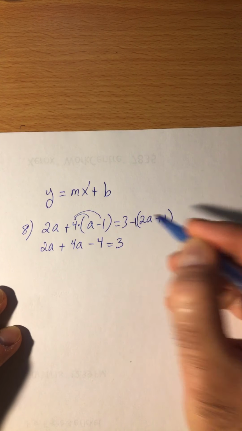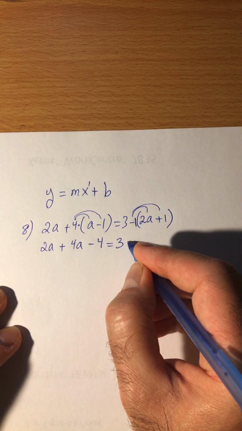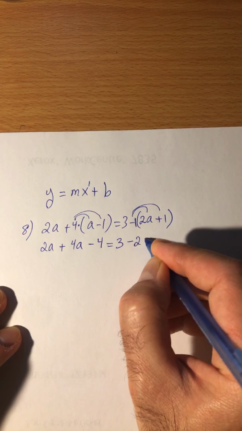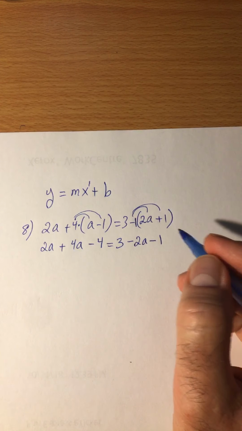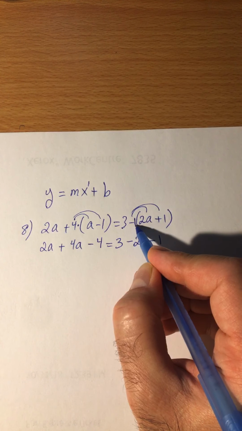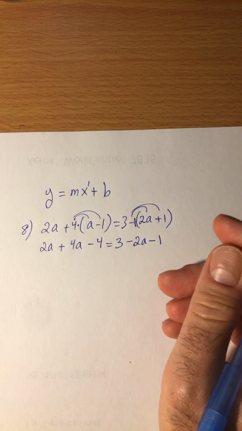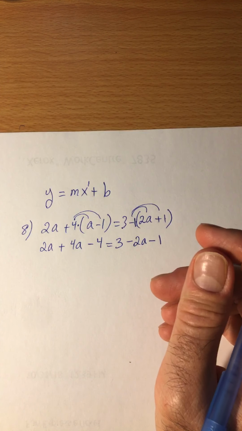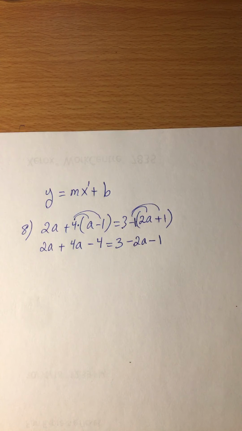Now there is a negative 1 here, which we can distribute. So we get negative 2a minus 1. Now remember that I cannot subtract the 3 and the 1 because the 1 is being multiplied by the parentheses. And because of order of operations, multiplication comes first before addition or subtraction.